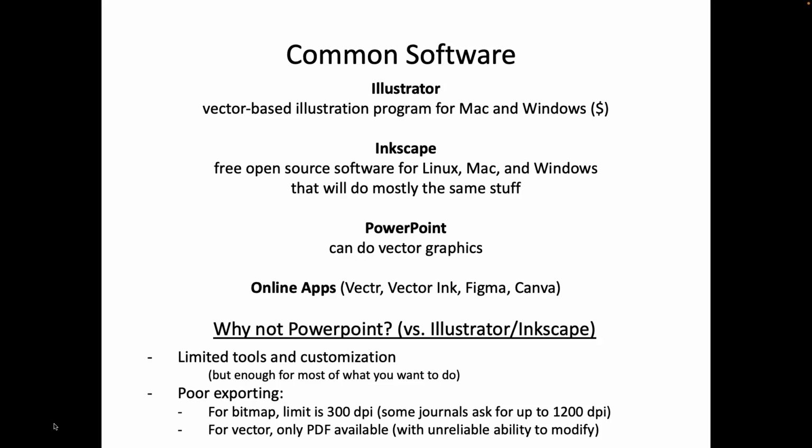Let's say I have a circle that's transparent and another circle that's not transparent. It might mess things around. And when you export it and move it to another program, it might not give you the results that you were expecting. So in any case, PowerPoint is not ideal, but it does have some capabilities there. And I'm happy to talk to people about using PowerPoint for specific needs.